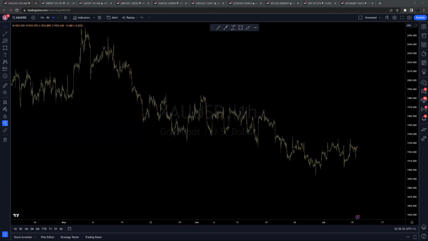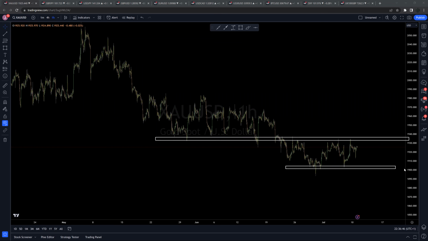So in the example of gold, which has some pretty clean understanding points here, we can obviously see this important liquidity zone at around 1932, 1935 that's been rejected. We can obviously see these last significant lows where we're starting to get some signs of exhaustion. We can clearly identify that we're in a secondary phase of market structure.